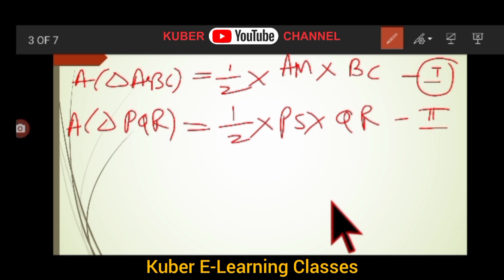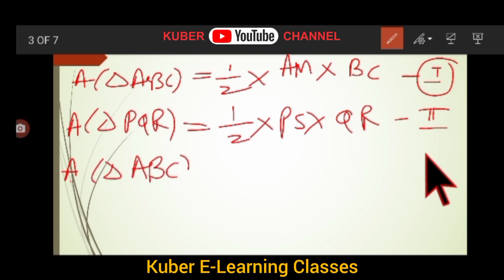Now if you want to divide these two equations, each equation has a left hand side and a right hand side. So we divide LHS by LHS and RHS by RHS. So area of triangle ABC over area of triangle PQR, what will you get here?